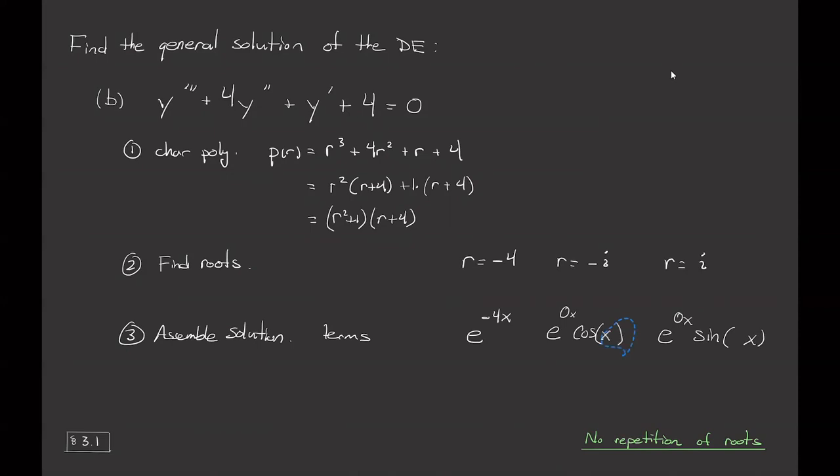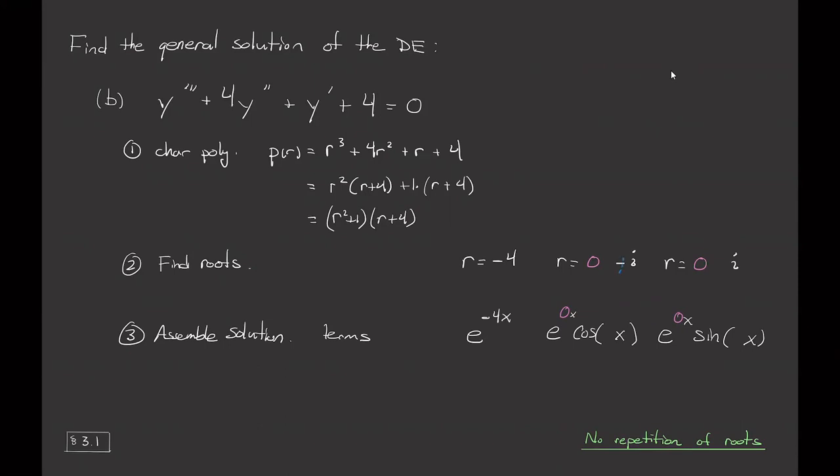And let me put a little bit more room here. That may be confusing, where this is coming from. So let me rewrite the roots like this. We can think of the real part being 0. That's why I'm putting a 0 here. And then we can think of the coefficient in front of that i just being 1.